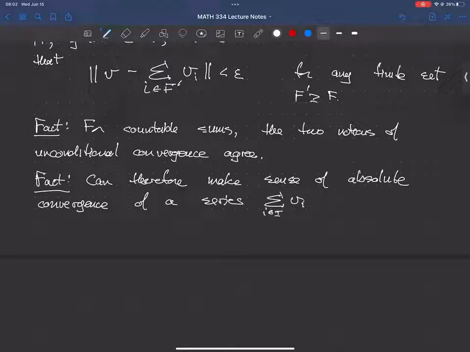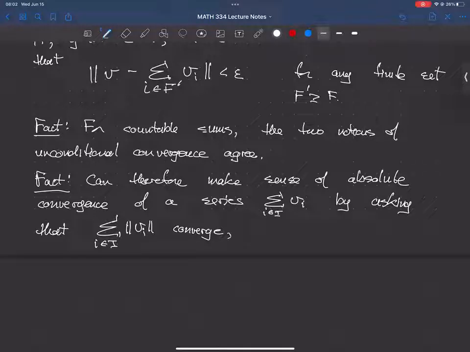So first of all, the obvious notion of absolute convergence would be requiring that this converge. And why does this make sense?